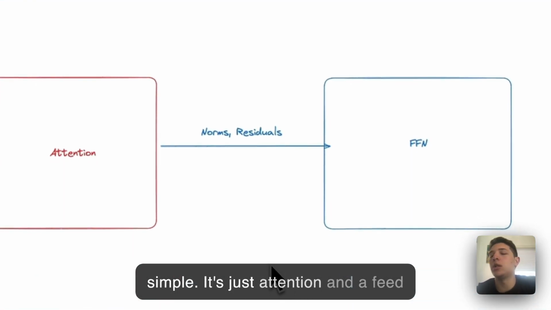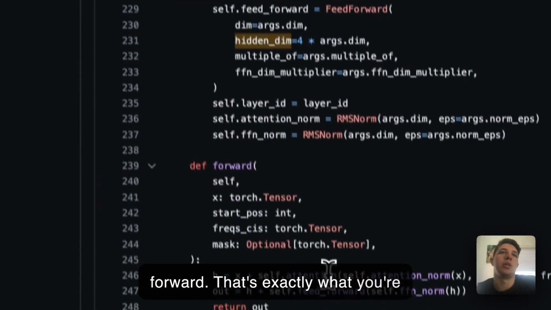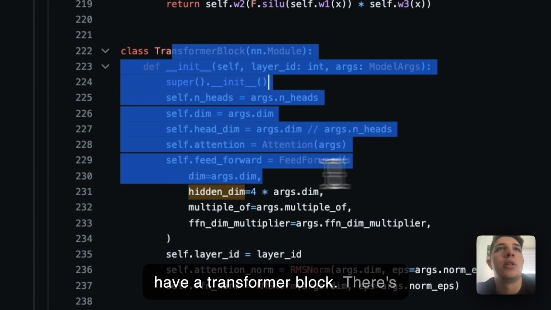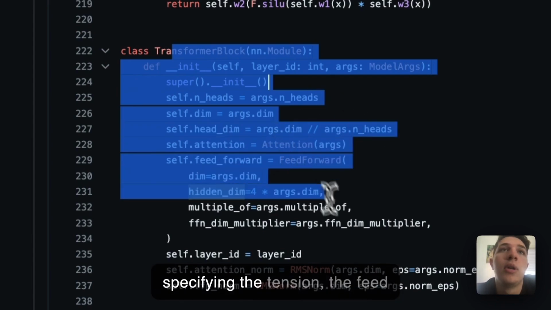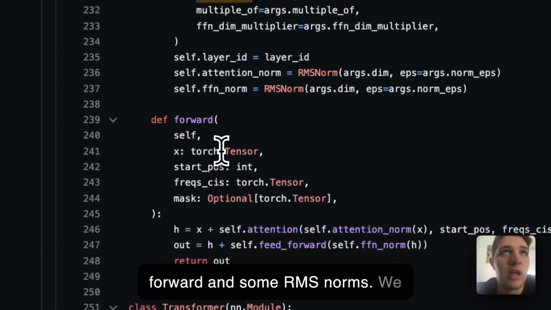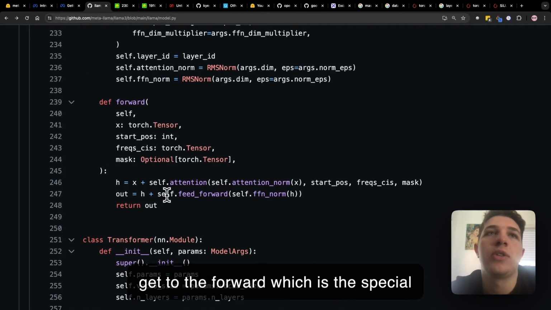It's just attention and a feed forward. And that's exactly what they're doing here in this code base. So here they have a transformer block. They're specifying the attention, the feed forward, and some RMS norms. And we get to the forward, which is the special sauce.